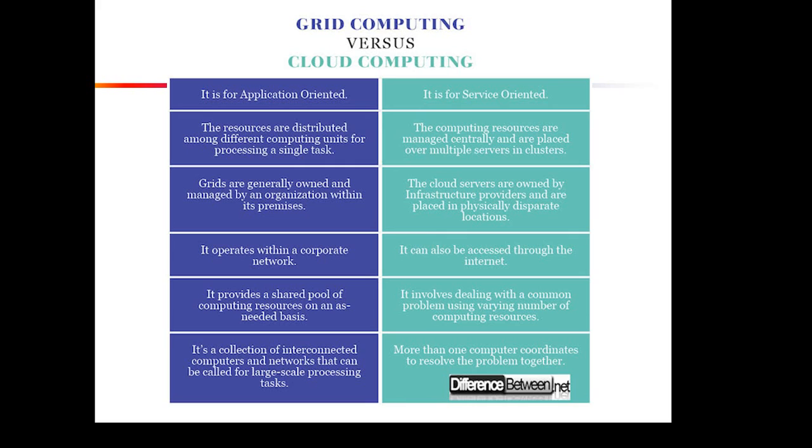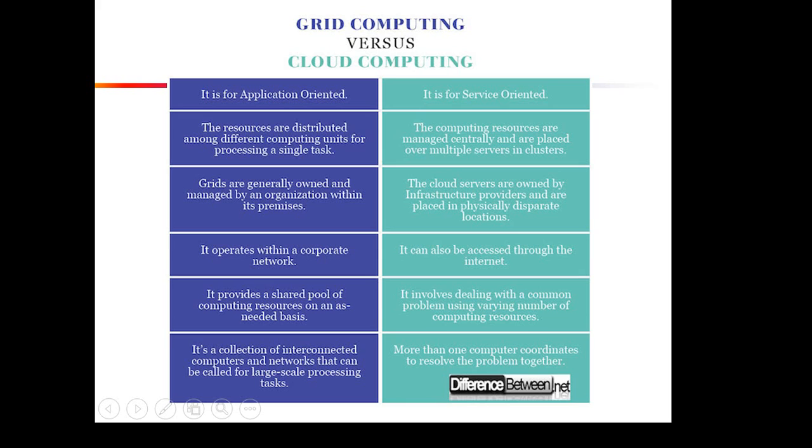You can compare grid computing and cloud computing in this slide. The characteristics of grid computing are shown on the left side, and the characteristics of cloud computing are shown on the right side.